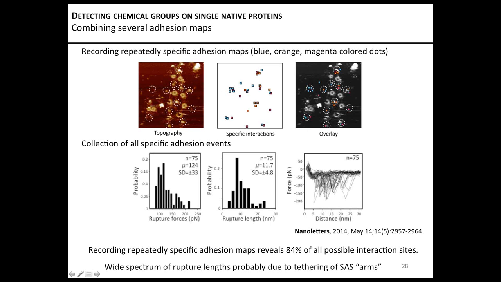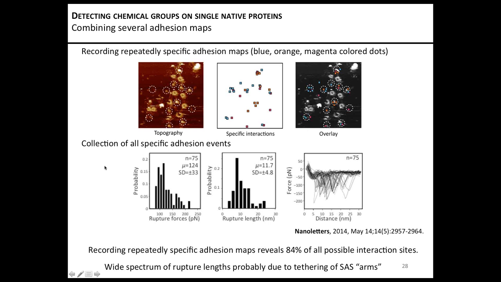And what you see in the end, if you overlay all of these events, is that about 80% of these interaction sites are successfully mapped. So in the end, it's a question of probability whether ligand and receptor will be matched, and you will detect this specific interaction.